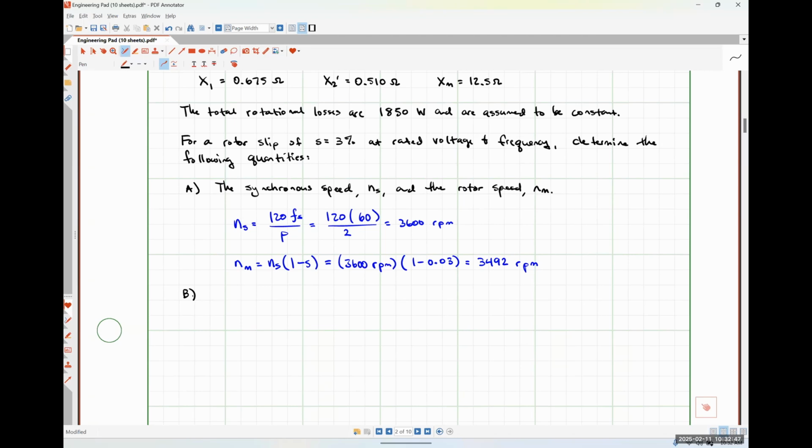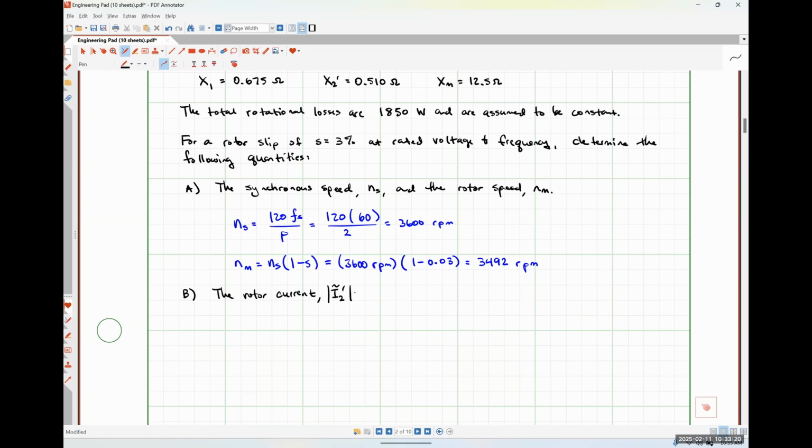Jackassery aside, let's move on to the next thing. We have 11 more parts to do. The next thing that I want us to find is the rotor current, I2 prime.